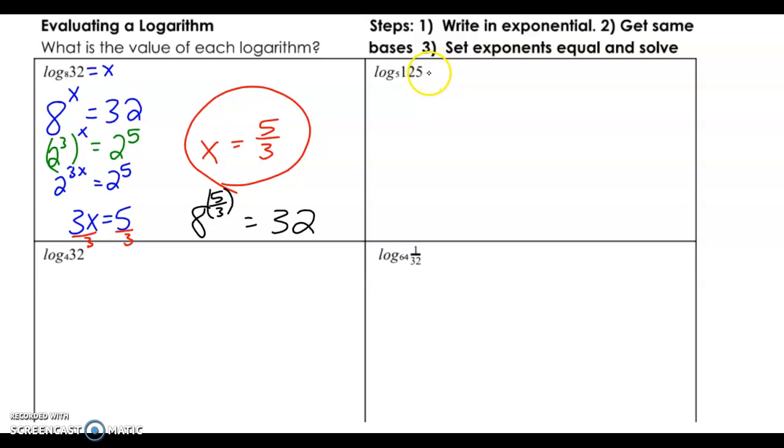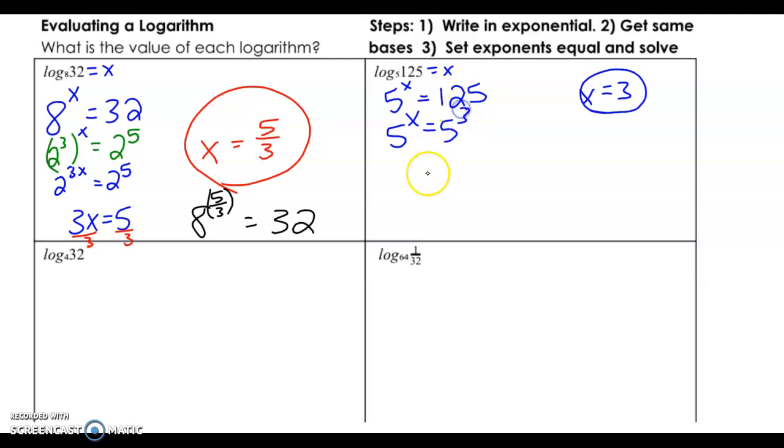Okay, let's try the next one. So again, a logarithm asks, what's the exponent? So if I put this back into exponential form, that answer to the logarithm is the exponent for your 5. So if it's something like this that you can easily figure out, 5 times 5 times 5 is 125, you can just get the answer, but you can also model this the same way we've been doing it and think of 125 as 5 to the third.